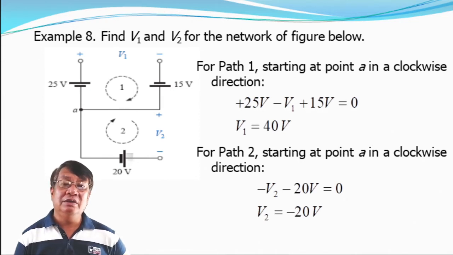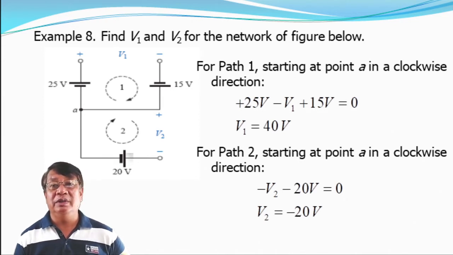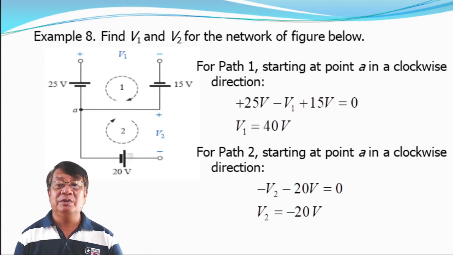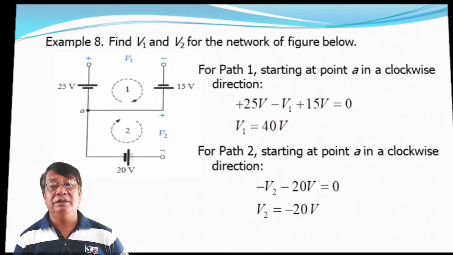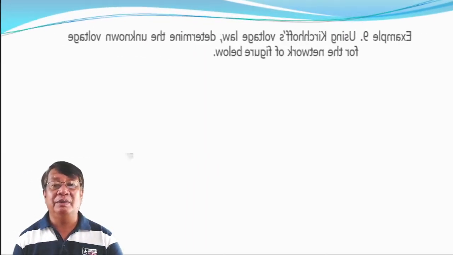So more or less, your V sub 2 is equal to minus 20 volts. Do not be confused by that minus 20, because it just means that the direction of our loop is not clockwise but rather counterclockwise. So V sub 2 is now equal to positive 20 volts. Okay, so that is example number 8.